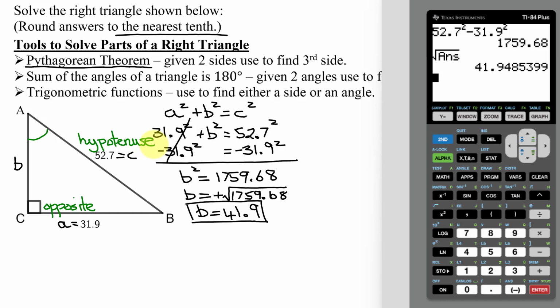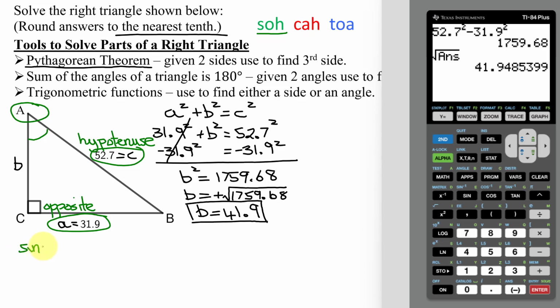So I need to set up a trig function involving angle A and side C. Which trig function involves opposite and hypotenuse? So looking at the mnemonic, you can see sine is opposite over hypotenuse. So that's the trig function that I'm going to use.